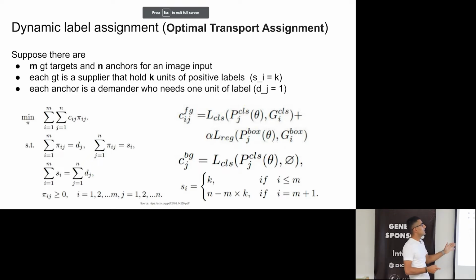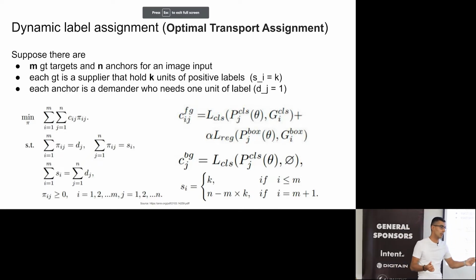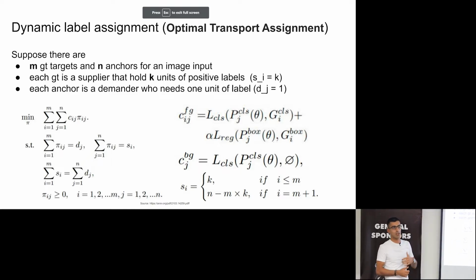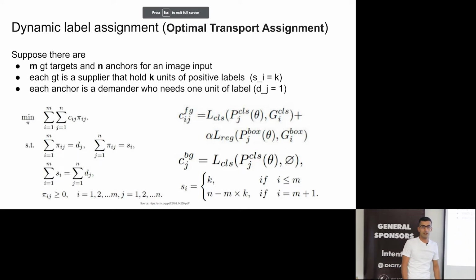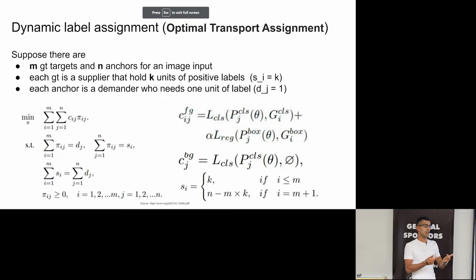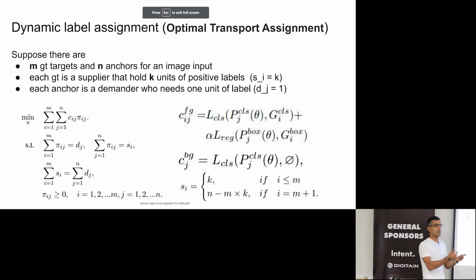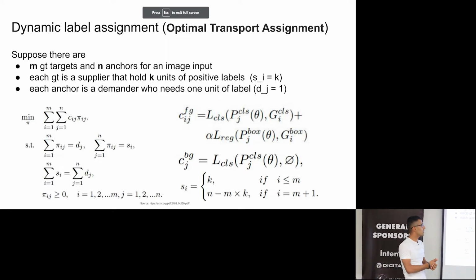The idea is the following. We have m ground truth targets. We have n anchors for each image. Each ground truth target can be assigned to multiple anchors, but each anchor just gets assigned to 1 target. And then we introduce a cost matrix, which consists of classification and regression losses for each anchor candidate and ground truth bounding box.